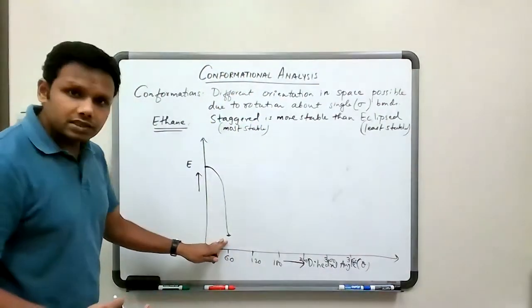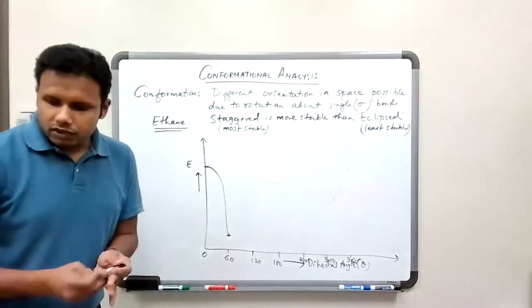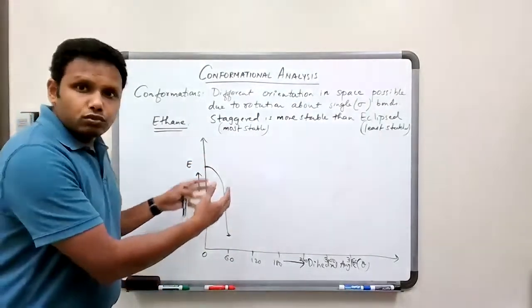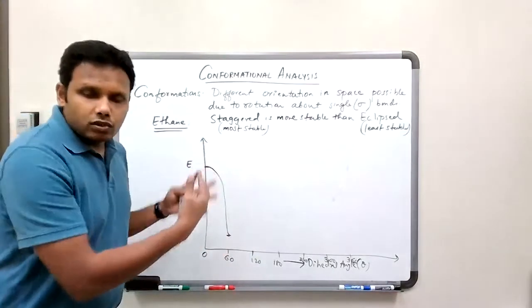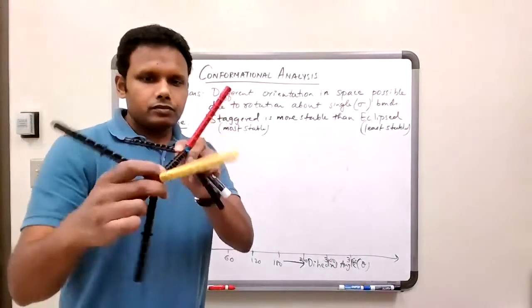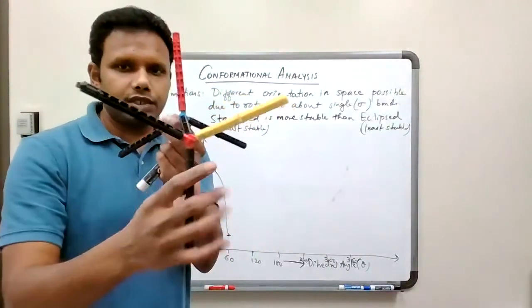When you hit that 60 degrees, it is the lowest possible because that is the most stable conformation. So when something is most stable, the energy should be the lowest. So we are at the staggered conformation.